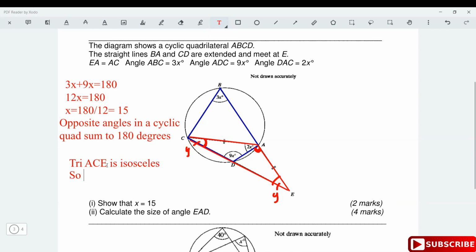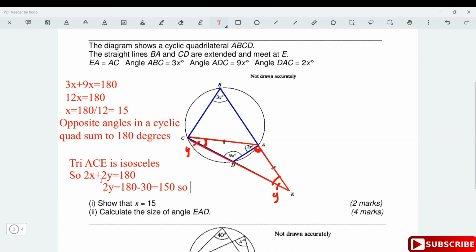And so we know that 2x plus 2y equals 180. We already know x is 15, so 2 times 15 is 30. So 2y is equal to 180 minus 30, which is equal to 150.